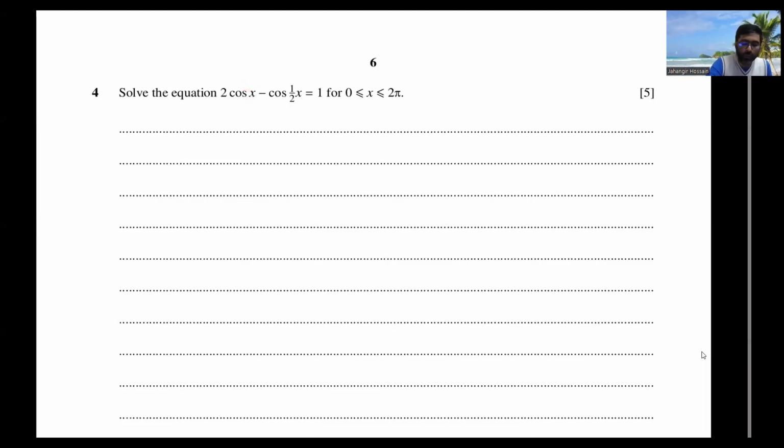Remember, if you use the double angle formula for cos, cos 2 theta has three different expansions. One of them is cos square theta minus sin square theta. The second one is 2 cos square theta minus 1.